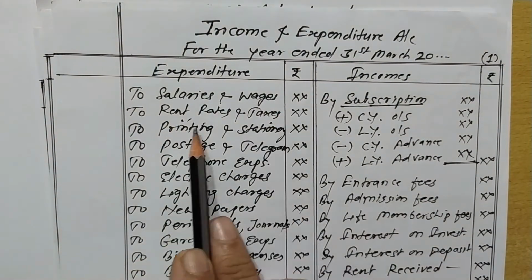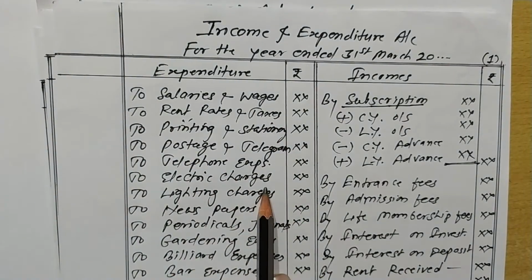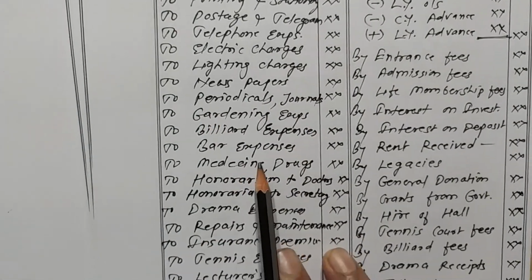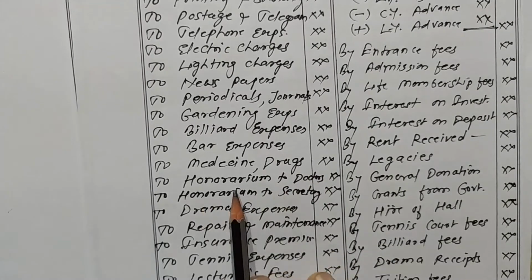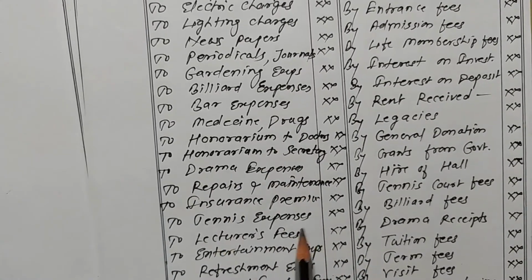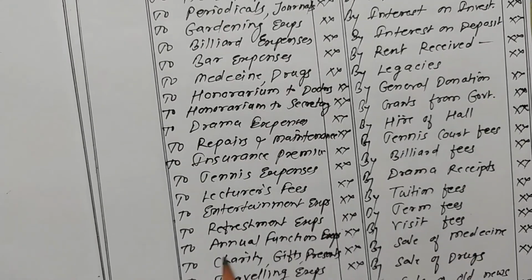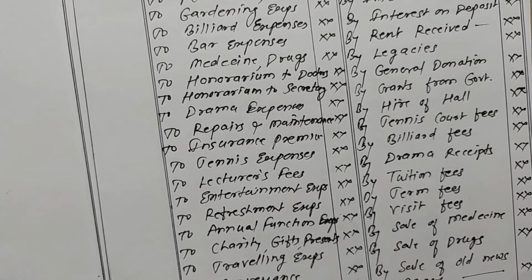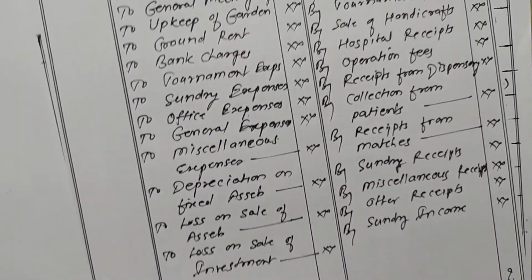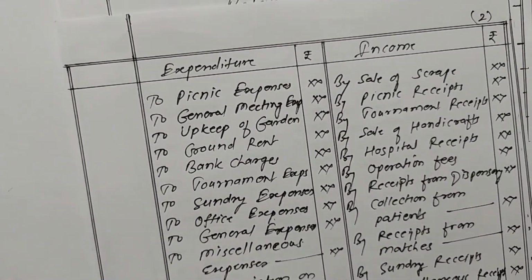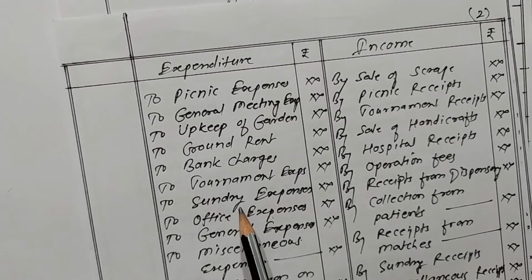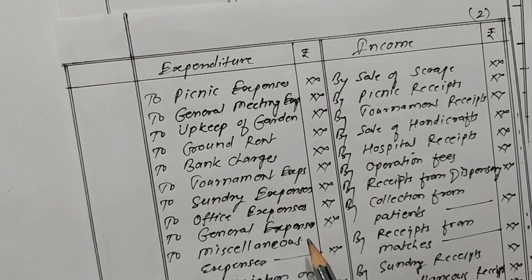just like salary, wages, rent, rates, printing, postage, telephone, electric charges, lighting charges, newspapers, periodicals and journals, gardening expenses, billiard expenses, bar expenses, medicine and drugs, honorarium to doctors, honorarium to secretary, drama expenses, repairs and maintenance, insurance premium, tennis expenses, lecture fees, entertainment expenses, refreshment expenses, annual function expenses, charity, gifts and presents, traveling expenses, conveyance, means the traveling expenses, operation expenses, compounder salary, also picnic expenses, general meeting expenses, upkeep of garden, ground rent, bank charges, tournament expenses, sundry expenses, office expenses, general expenses, miscellaneous expenses.